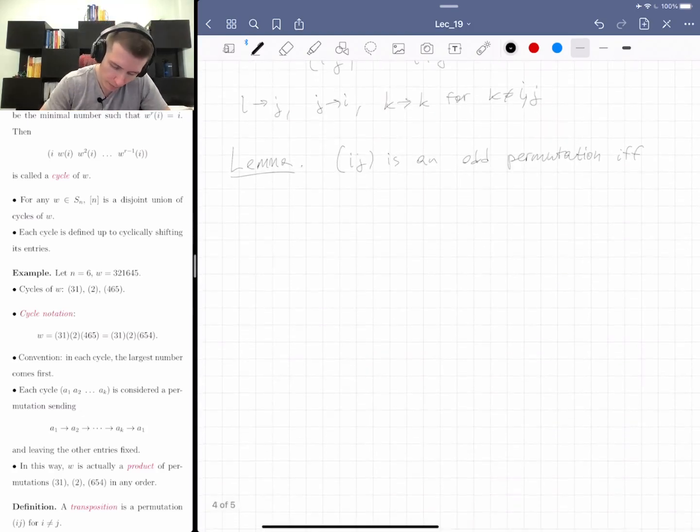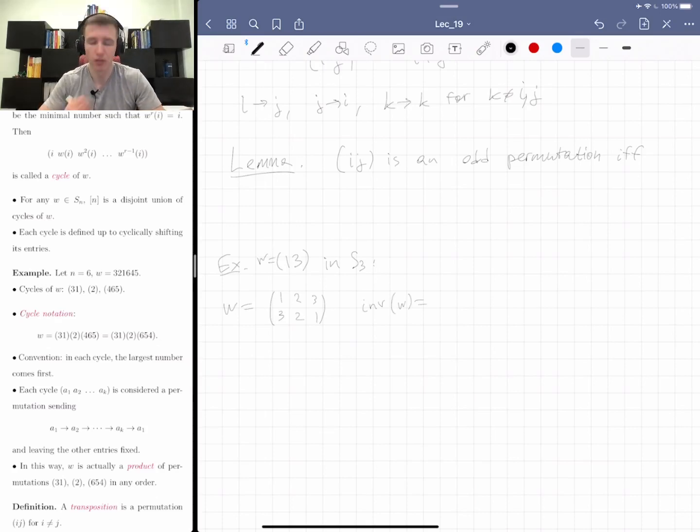Maybe I should try an example. For example, let's say I do the transposition (1, 3) in S3. So it sends 1 to 3, 3 to 1, and 2 to 2. Let's say that's w. And the number of inversions of w is what? Oh, okay, it's 3. So w is odd.